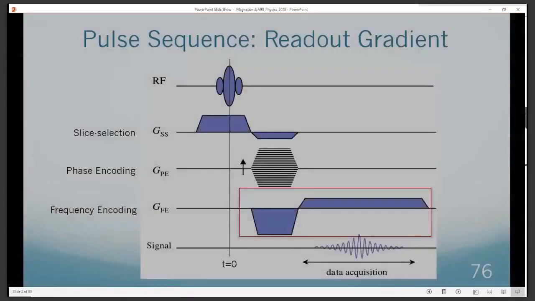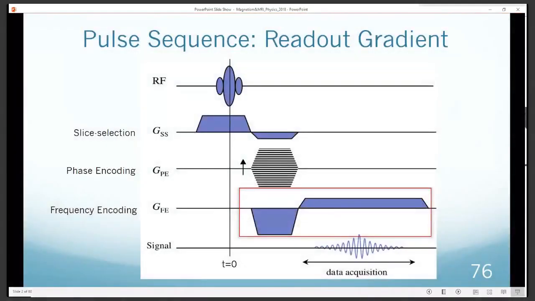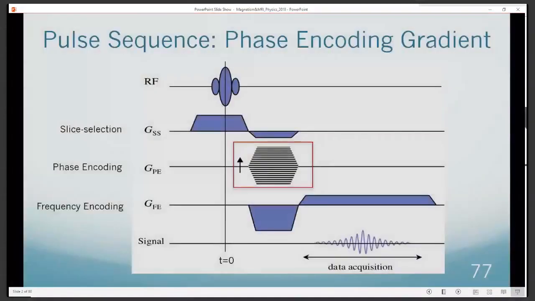You'll notice here's the frequency encoding gradient, and here's the phase encoding gradient. And the phase encoding gradient is represented somewhat differently from the frequency encoding gradient and the slice select gradient, and that's because it's incremented each successive acquisition.